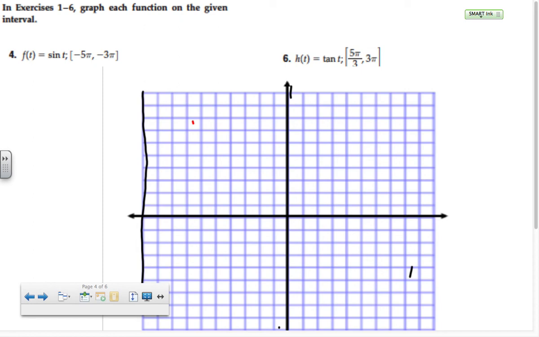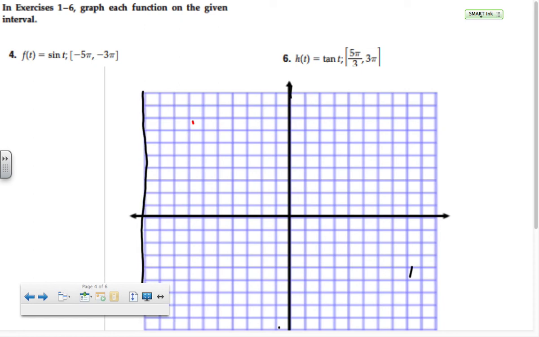Now keep in mind, I'm going to go every other one as pi over 2. So this is pi over 2, this is pi, and this is 3 pi over 2, this is 2 pi, and this is going to be 5 pi over 2, and 3 pi.